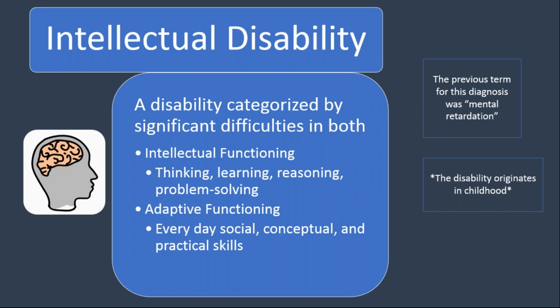If we think about somebody who's lost skills in their intellectual functioning or their adaptive functioning, maybe because of an injury or because of an illness, we typically would not think about that as a true intellectual disability. Someone who's receiving this diagnosis has had these difficulties since they were a child, through their brain development, through their neurodevelopment over time.